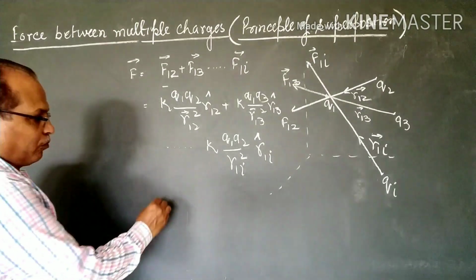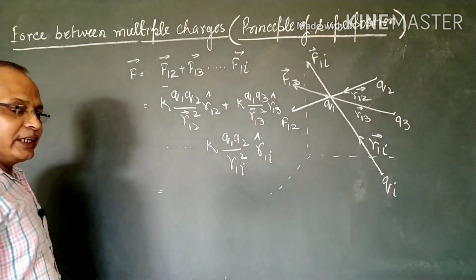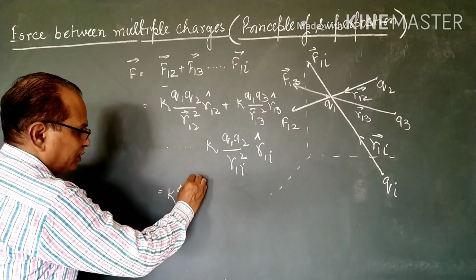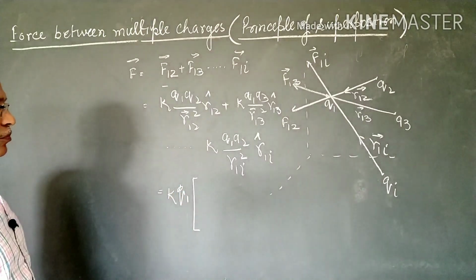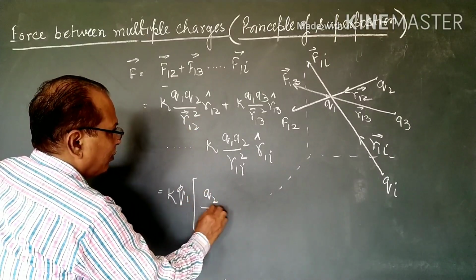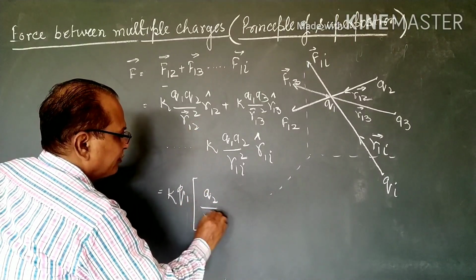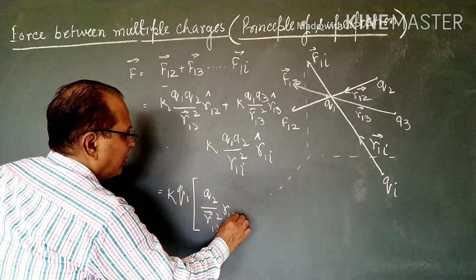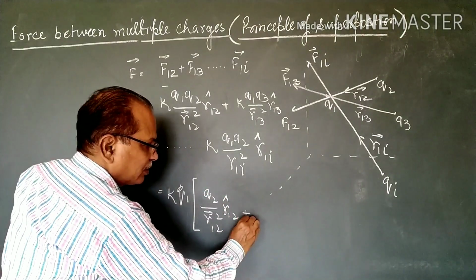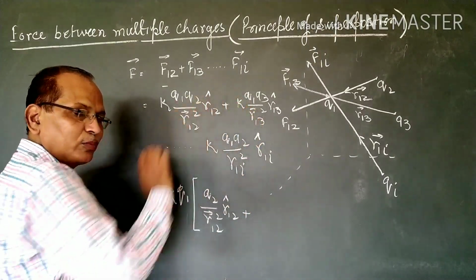So, taking K and Q1 common, the remaining quantity will be here Q2 upon R12 square and R12 unit vector, plus here K Q1 is the common.